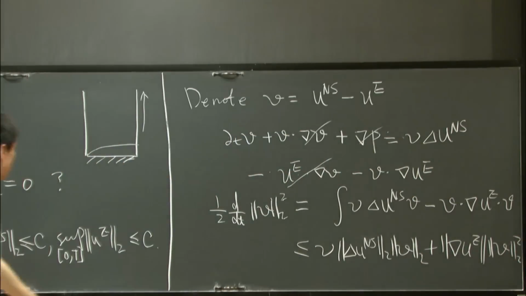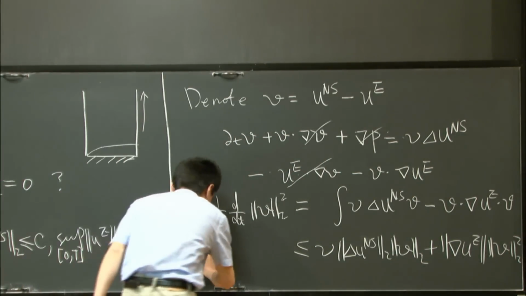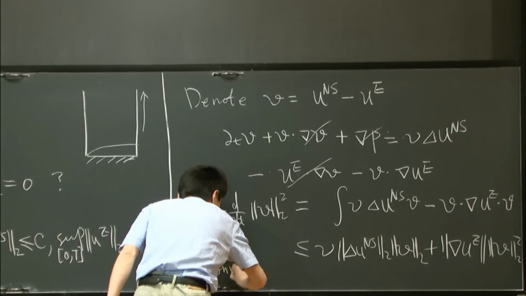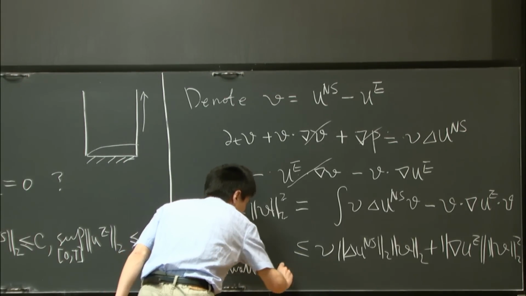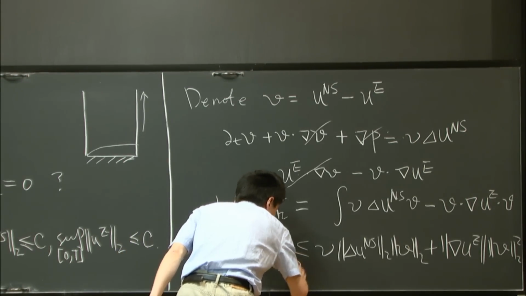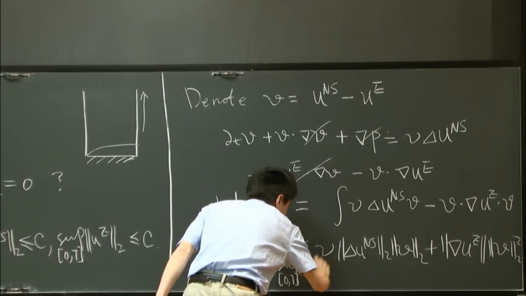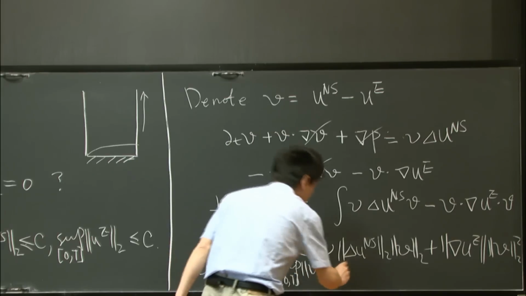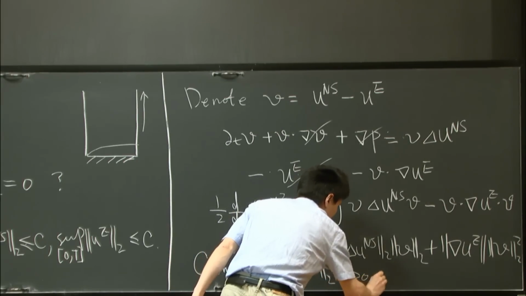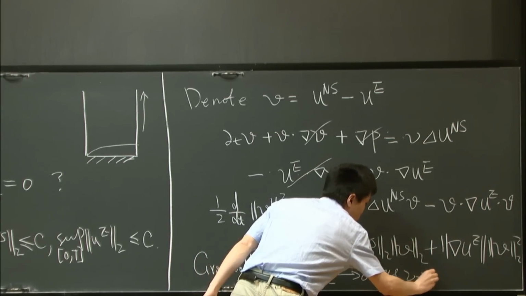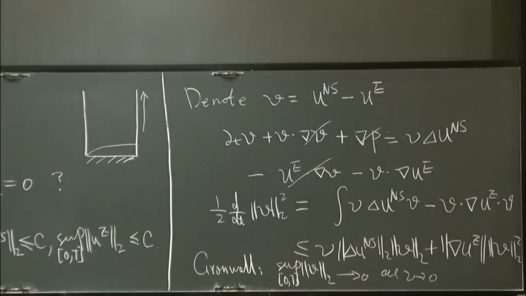Then our Gronwall inequality would imply that the supremum from 0 to capital T of the V L2 norm converges to 0 as nu goes to 0. This proof is pretty simple.